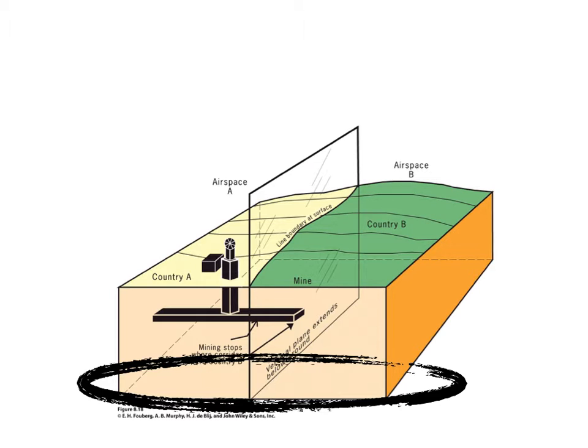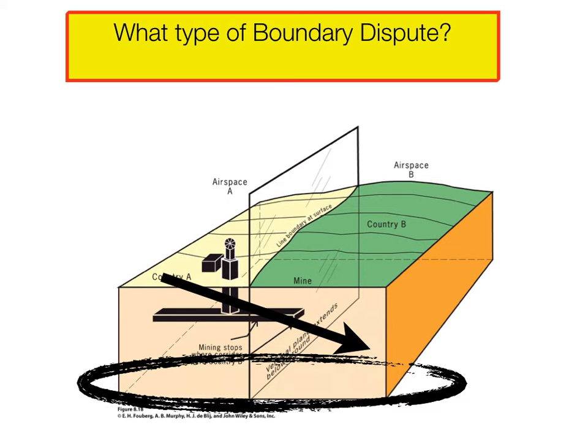Now, one thing that some countries do is they drill for oil on their own land, but they drill at an angle. That's called drilling an oblique borehole. Here's an example of what that might look like, in order to access a resource that doesn't lie under their boundary but lies under the boundary of their neighbor. The question here would be, what type of boundary dispute are we looking at? This one is pretty clear that this is a dispute about a resource that exists under the ground, and so this would be what we call an allocational boundary dispute.